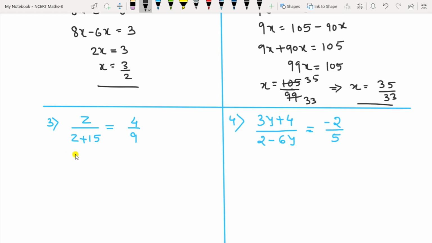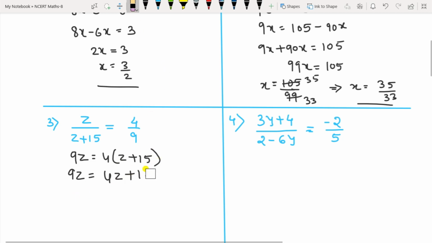Now here again cross multiply. So 9z equal to 4 bracket z plus 15. Whenever there is a binomial or trinomial, you need to put a bracket and then multiply with the term outside the bracket. So 9z equal to 4z and 4 15s is 60.